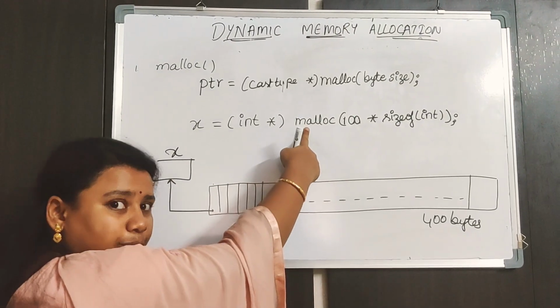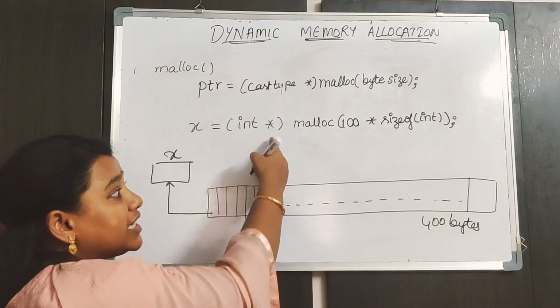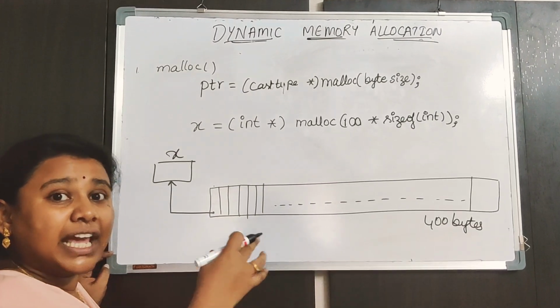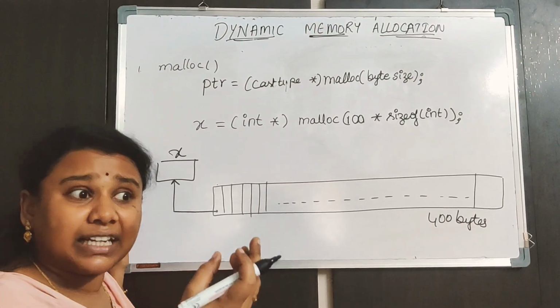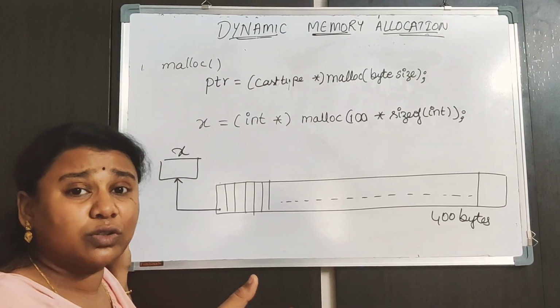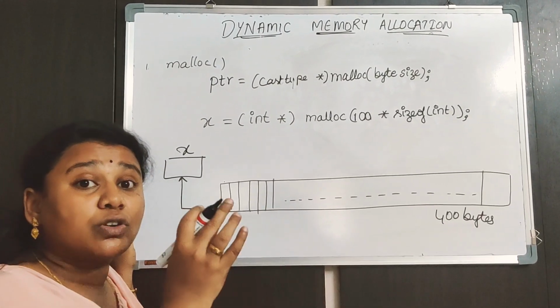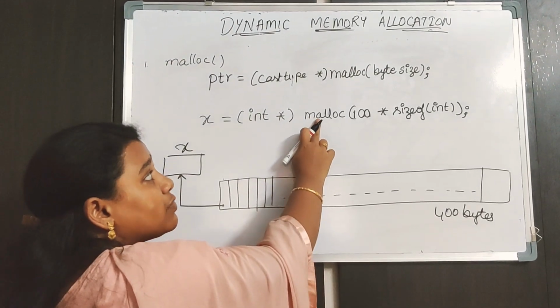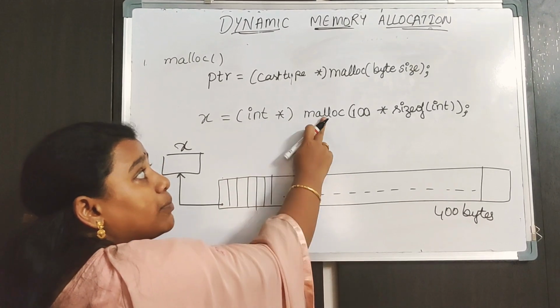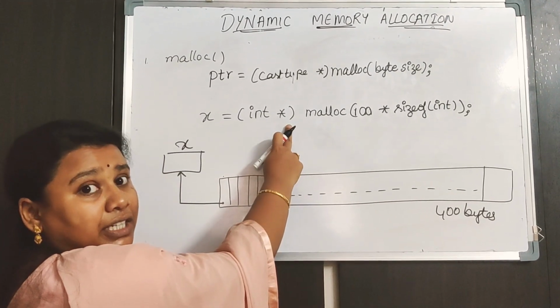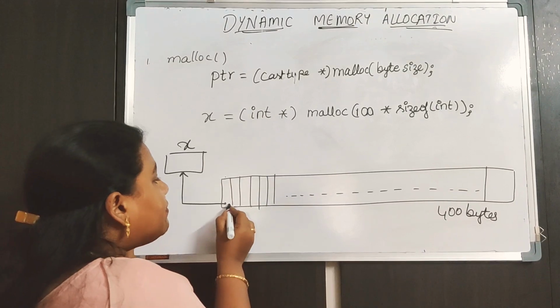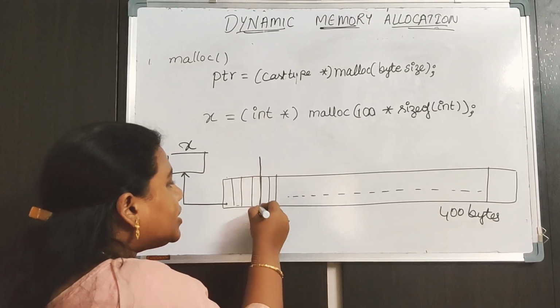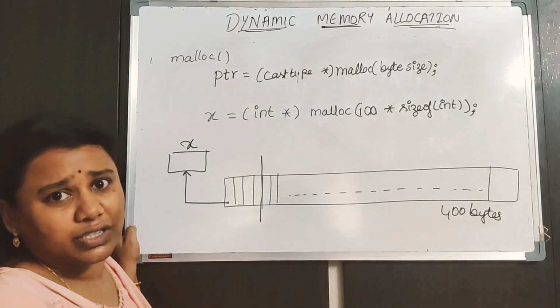Since this is a void pointer, these 400 bytes can hold any type of data, say 400 characters or 100 numbers. So we have to specify that, since this is a void pointer, we convert it into an integer pointer. Now every 4 bytes will be treated as a unit, as in the arrays concept.